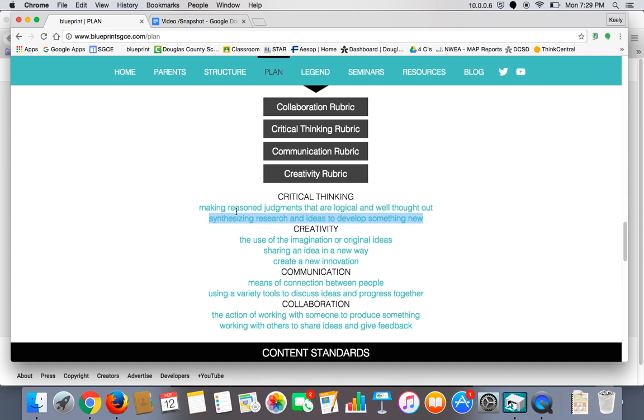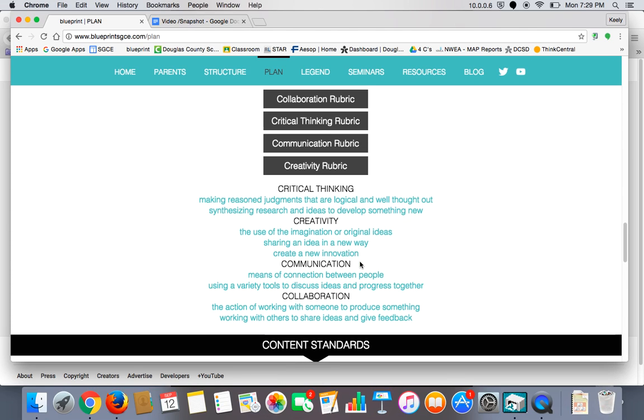So under critical thinking, I have synthesizing research and ideas to develop something new. Under creativity, I know that I'm going to see a lot of original ideas, a new way, a new innovation. And again, I really want to make veterinary medicine more effective on dogs that are suffering with cancer. So that might be a good place to start too.